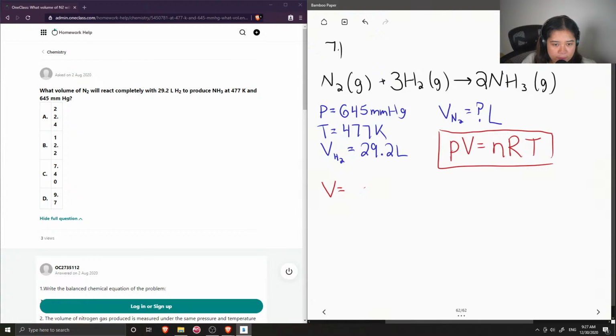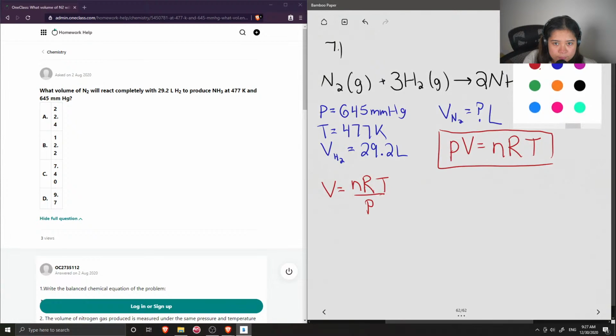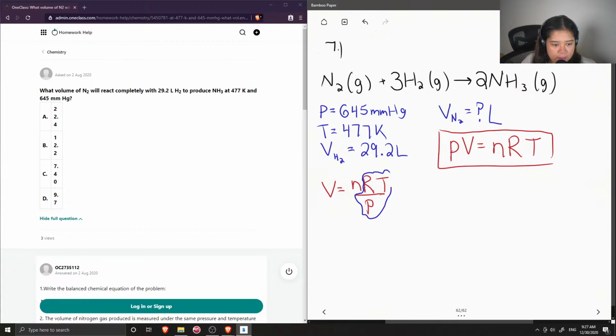Volume is equal to nRT over P. Temperature and pressure are the same, and same with the gas constant, so we can combine all of those variables and make it equal to K. Then we can write out two formulas where the volume of H2 is equal to the number of moles of H2 times K. And we can do the same thing for nitrogen.